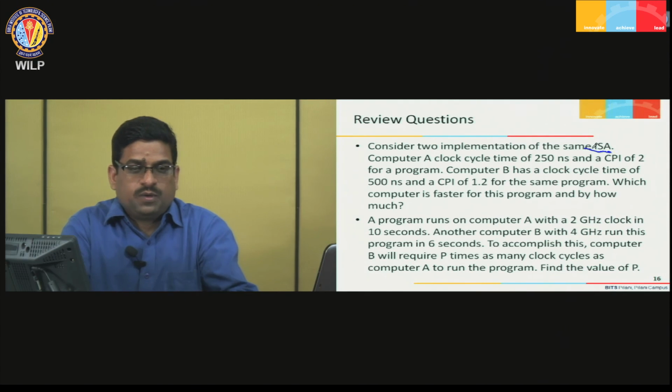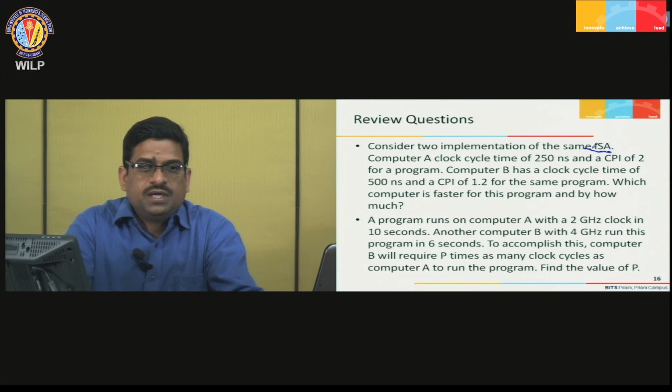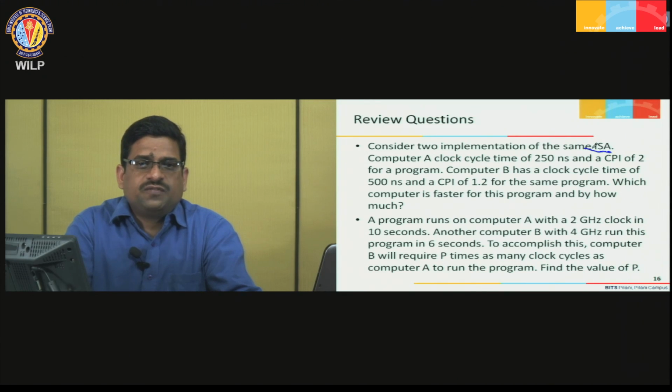Let us say this program contains some set of instructions and the average CPI for that program is 2. Computer B has a clock cycle time of 500 nanosecond and a CPI of 1.2 for the same program. Program is the same, ISA is the same, so it is valid to compare these two machines. Now the question is which computer is faster for this program and how much faster it is.